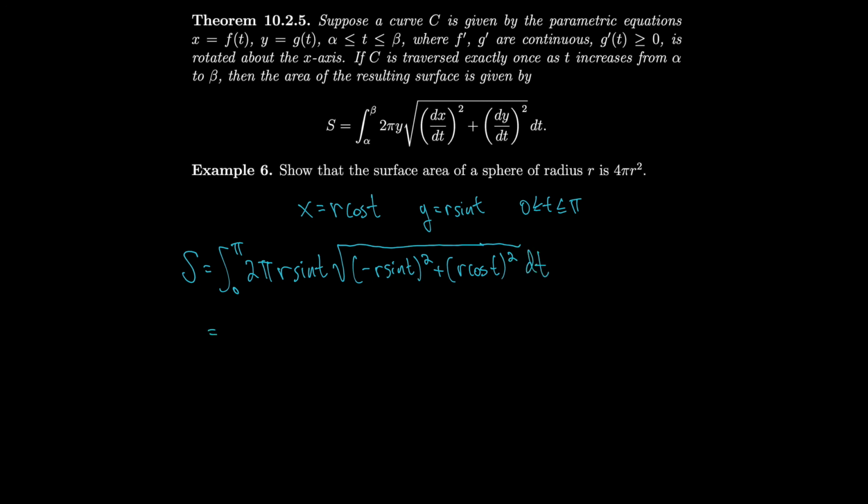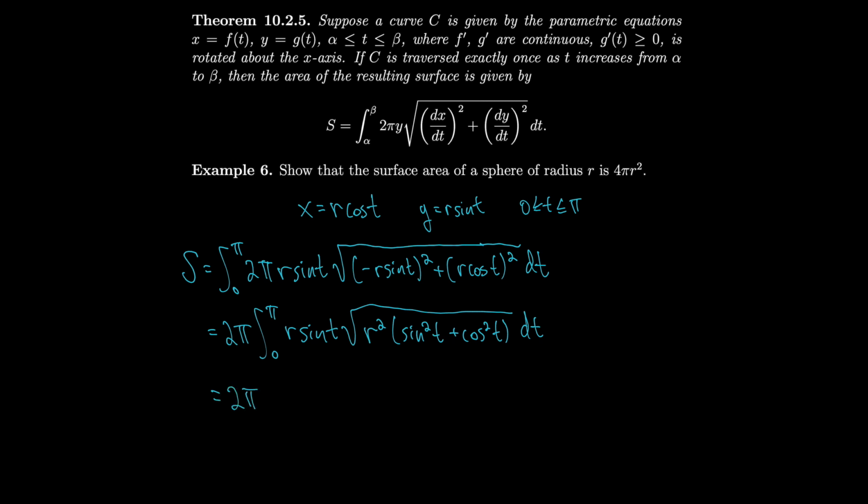So that becomes 2 pi times the integral from 0 to pi of r sine t times the square root of r squared times sine squared plus cosine squared. So that's wonderful, because that's just 1, so we just have the square root of r squared.